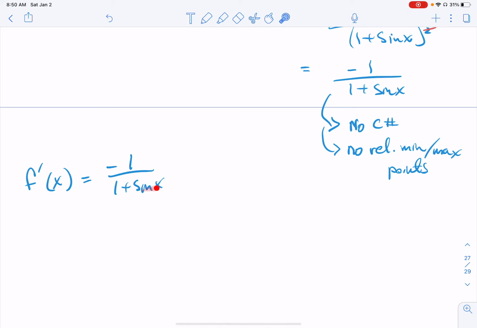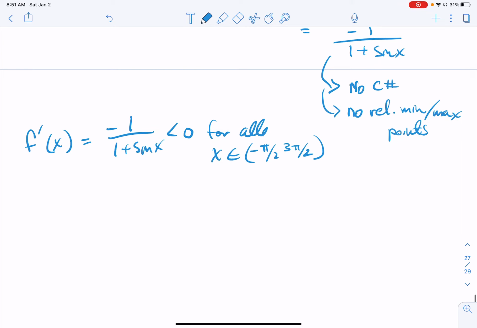Well, we know that sine x is always a number in between negative 1 and positive 1. It can't be the negative 1 because we've taken that out of the domain. Can't be a positive 1 either, which means that this number down here, if we add 1 to it, is always going to be positive. And we're going to take negative 1 divided by a positive number, so this is always going to be less than 0 for all x in our interval from negative π/2 to 3π/2.